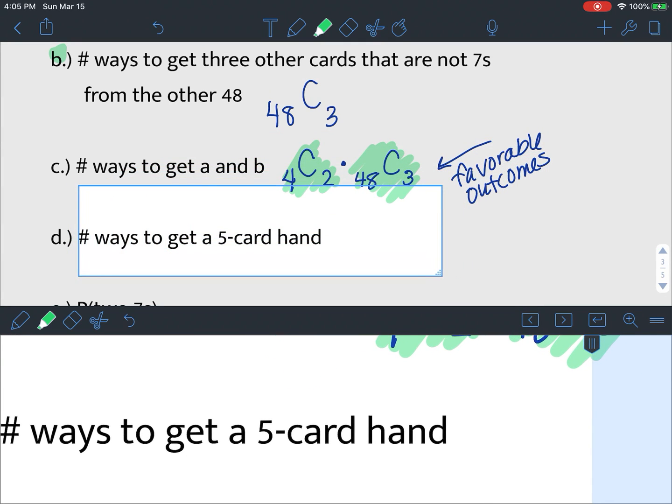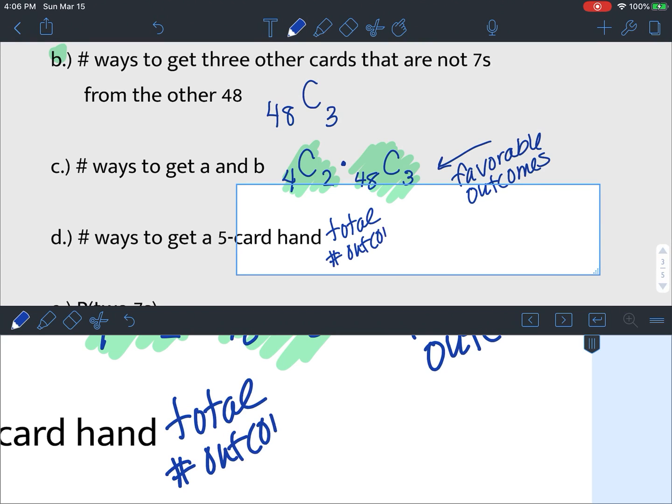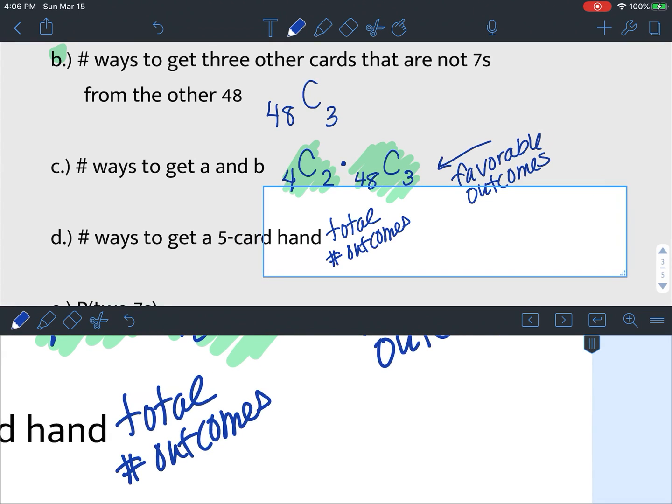Okay, number of ways to get a 5-card hand. This is where we calculate the total number of outcomes. So if we're talking about playing poker or whatever uses 5 cards in the game, the number of different hands I could get would be 52, because that's the number of cards in a deck, C5 for the 5-card hand.